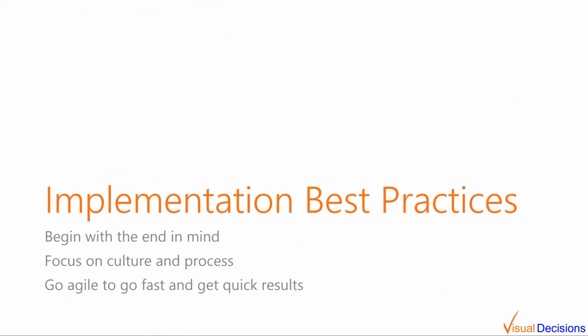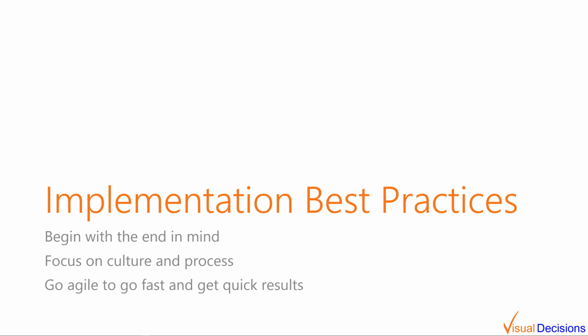So in terms of implementation best practices for those particular smart factory types of solutions, there are several topics and themes that I'll be touching on as I go through the presentation today, and then talking with Bob later. First of all, we want to begin with the end in mind. Borrow that obviously from Stephen Covey, but you have to understand where you're trying to go, what you're trying to do with this.